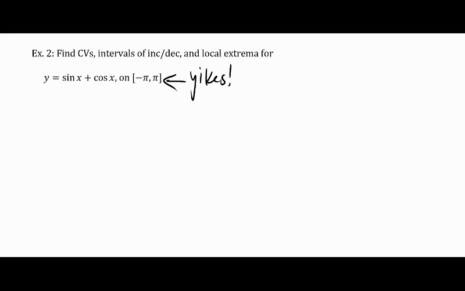Everybody hates that domain. It's not from 0 to 2 pi like we're familiar with, or from 0 to pi. It's from negative pi to pi, so rotating backwards from where the terminal arm starts for angles in standard position. Makes it a little bit messier.